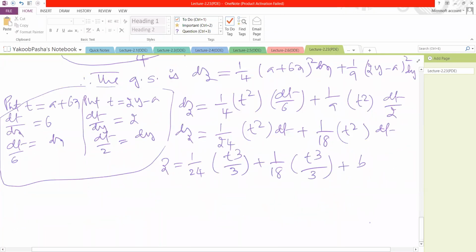Okay, so z is equal to 1 by 72 of t, in the first case t value is a plus 6x whole cube, and 1 by 54 of, in the second case t value is 2y minus a whole cube, plus arbitrary constant b. This is the problem. It is a set problem. Okay. Now I am taking another problem.